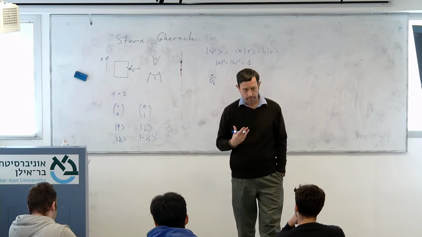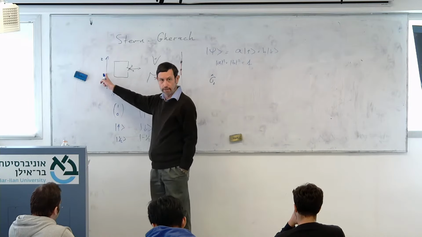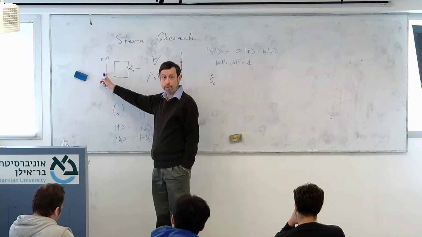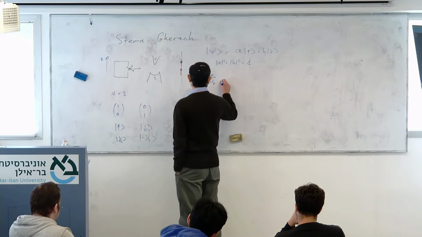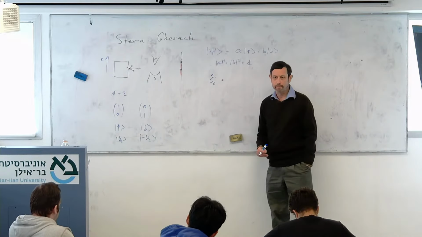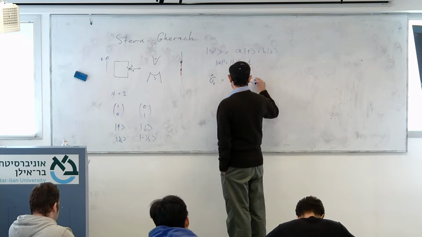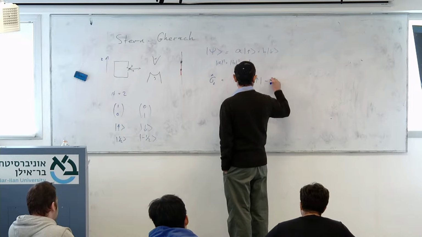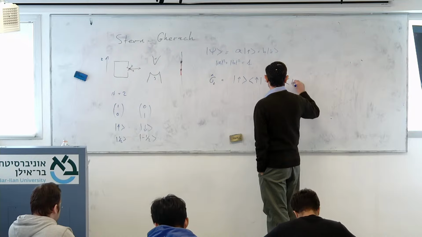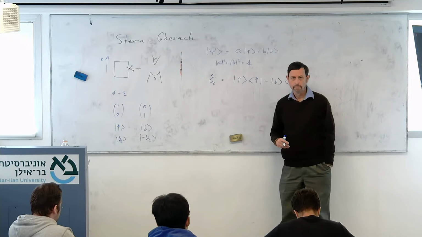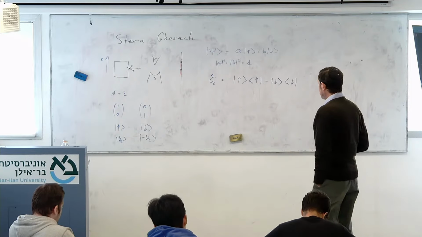And write down an operator that tells me in the direction of Z whether I'm up or down. Okay. I claim that we can write this operator as, I could have written it in the matrix representation.